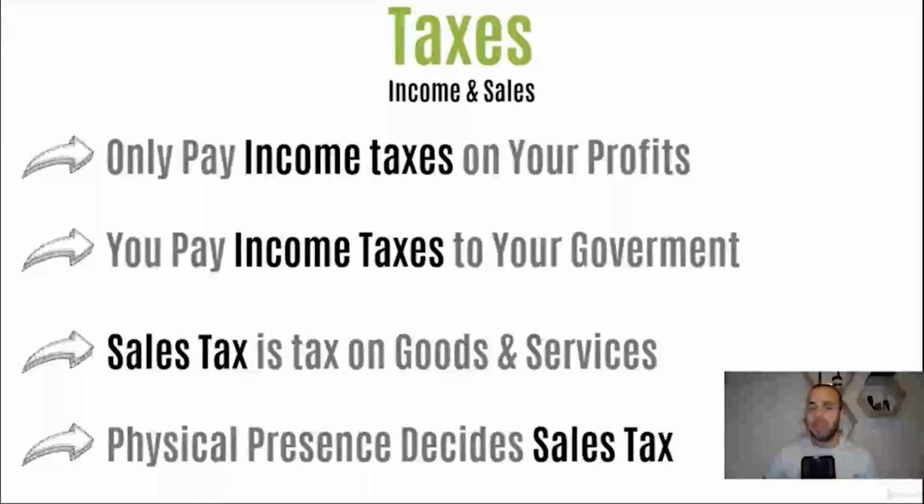So let's say that you're living in Washington, in the US. Then, if you're having a customer that is buying your product that you're going to ship from AliExpress, they're buying products from your store, and they're also residing and living in Washington, you have to pay sales tax on that product. Okay? But if you're living in Washington and you're selling a product to a customer based in, let's say, Arizona, you don't have to pay sales tax on that product.